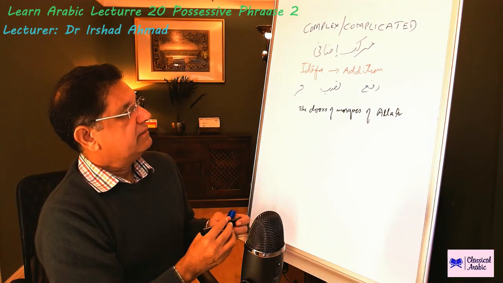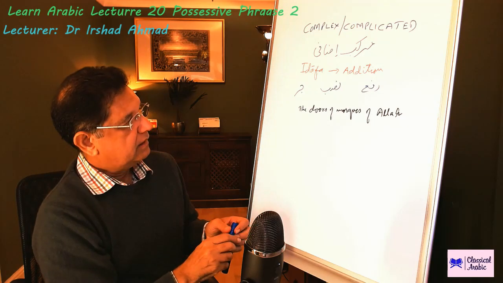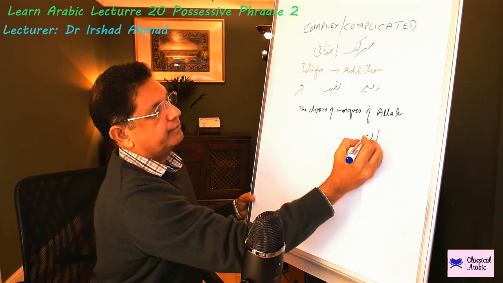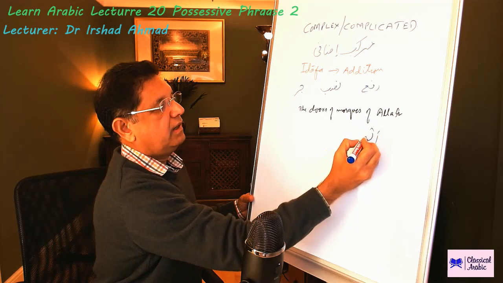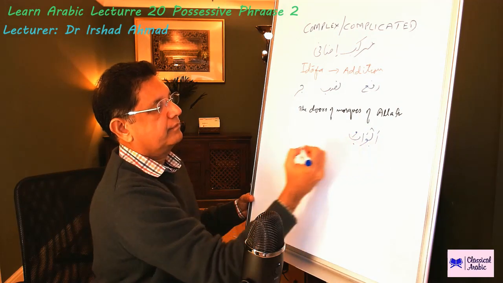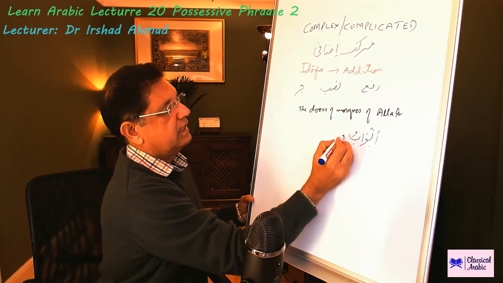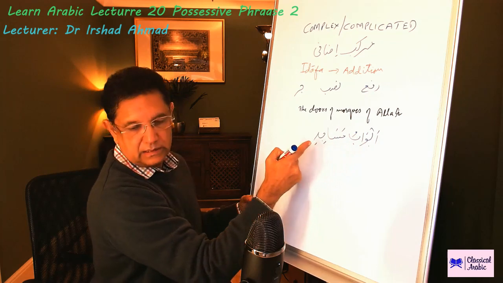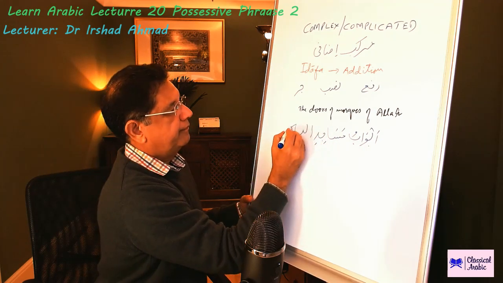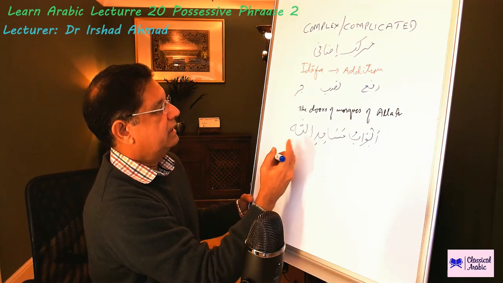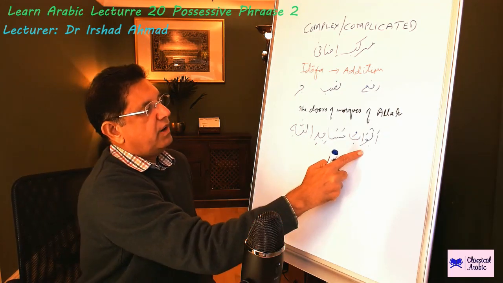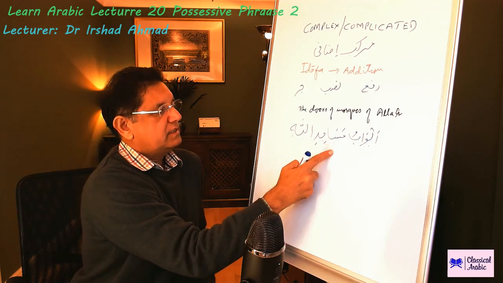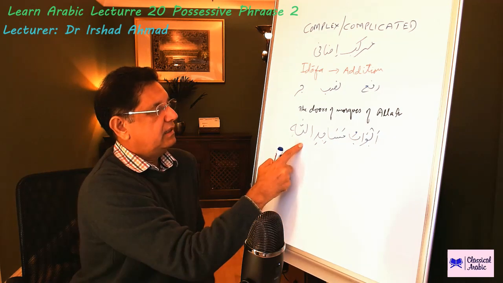We translate that in Arabic as abwabu, babun, abwabun. So abwabu will be no tanween. Abwabu masajidi, masajidillahi. Complicated murakkab idafi. So abwabu is mudaf and masajidi is mudaf ilayh. And then masajid is mudaf, and then lafz jalala is mudaf ilayh.